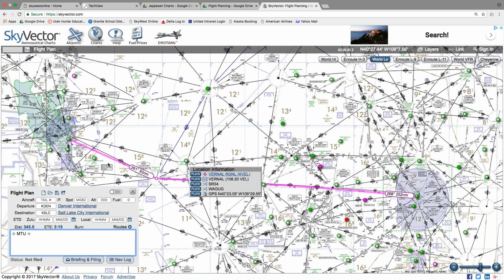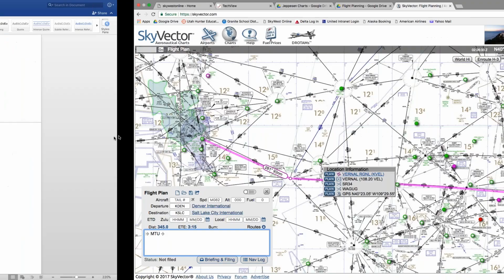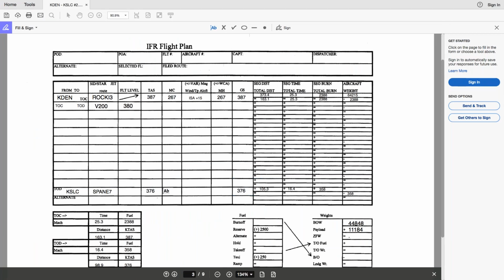Okay, 281 is our general heading there. We'll just pull that. Everybody good? What's probably easier, instead of erasing all that: the heading you have on magnetic course and magnetic heading for the top of climb and top of descent are really not providing you any information.